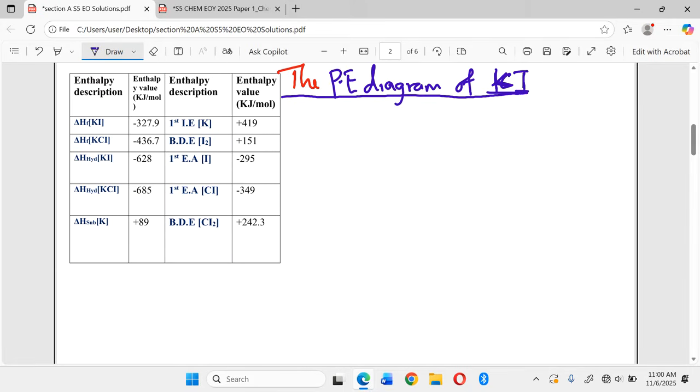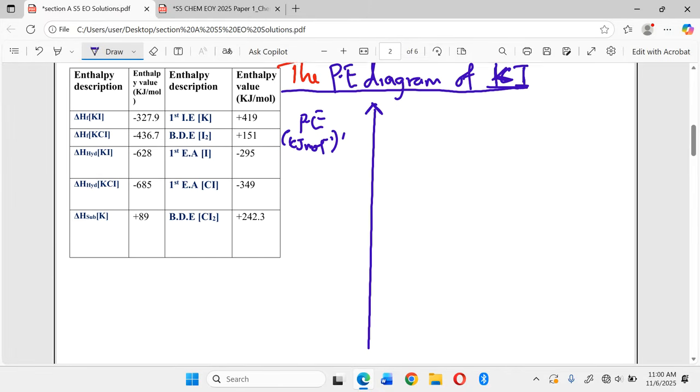So still, we do the same thing that we have been doing. We come and draw our line. And as we said, this is the axis where we have potential energy in kilojoule per mole.